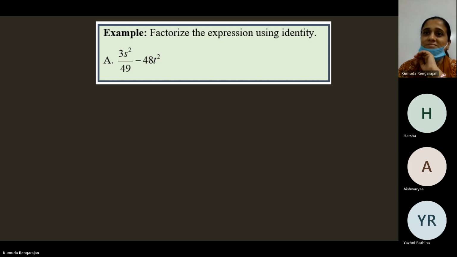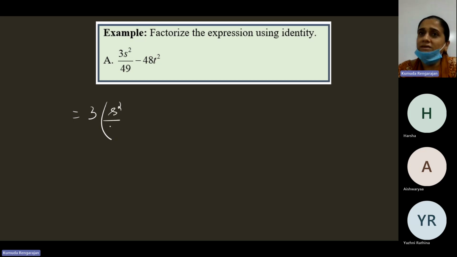What is common between these two terms? 3. 3 is common. Open a bracket. s square minus 3 into what is 48? 16. 3 into 16, then t square.